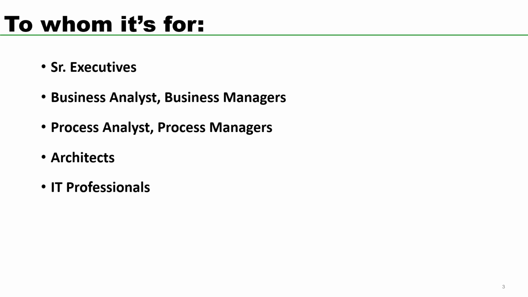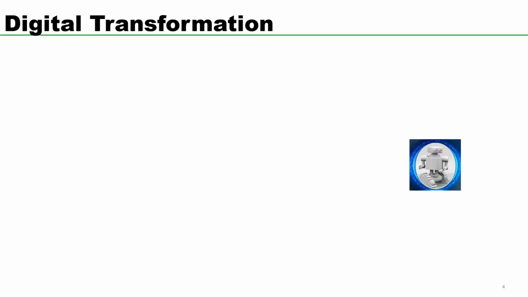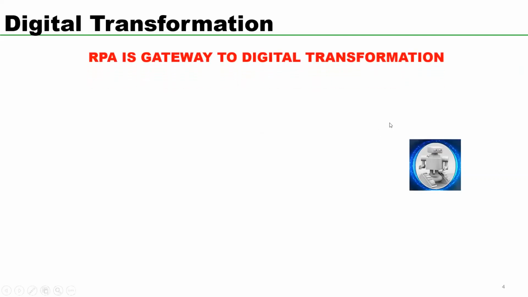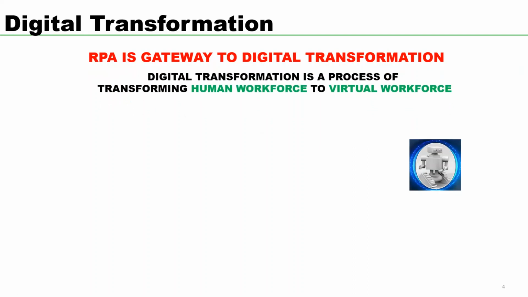Okay, let me start with a famous quotation. RPA, robotic process automation, is a gateway to digital transformation. What is digital transformation? Digital transformation is a process of transforming human workforce to virtual workforce.